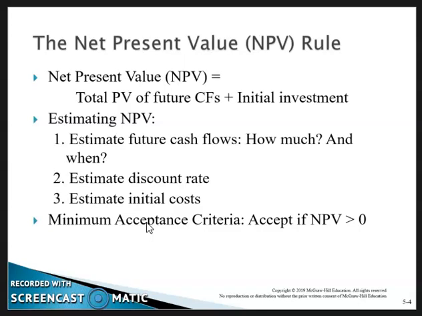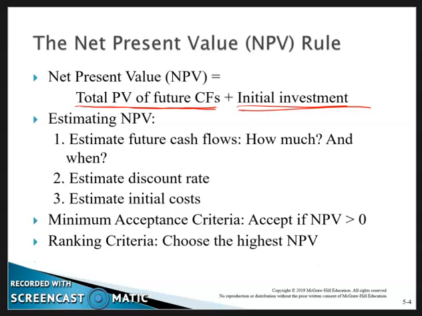So what we're doing here is taking all the future cash flows and present valuing them back to today, so we can compare these cash flows to today's dollars. So if it's positive, you accept it. If it's negative, you do not accept it.